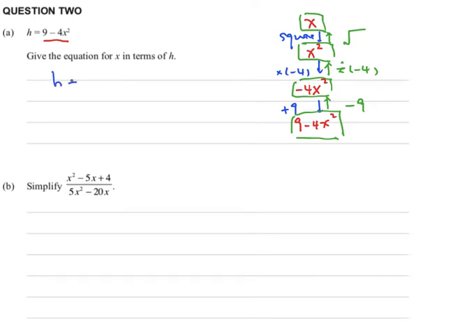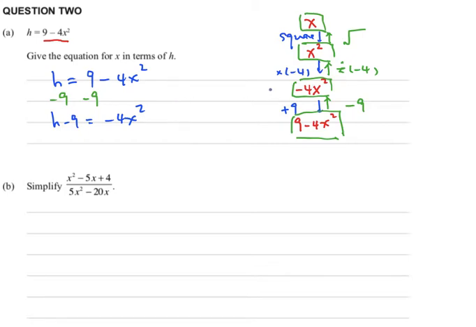All right, so we have h equals 9 minus 4x squared. We're going to get rid of that 9 first, minus 9 from both sides. So h minus 9 equals -4x squared. Great, one step closer.